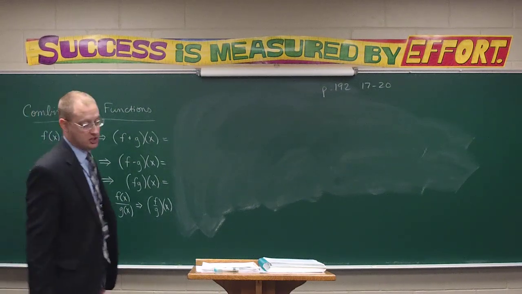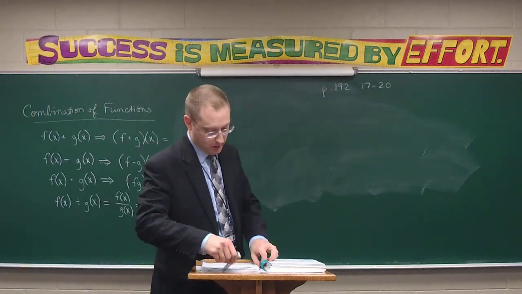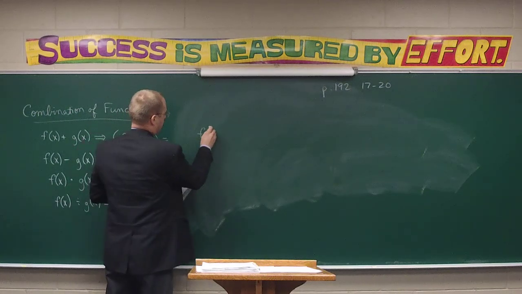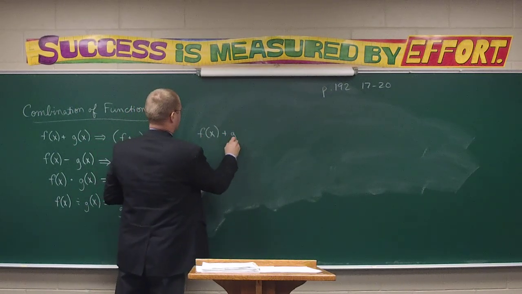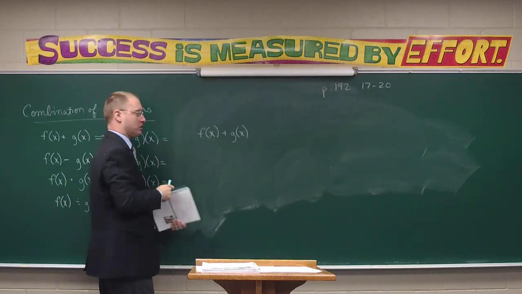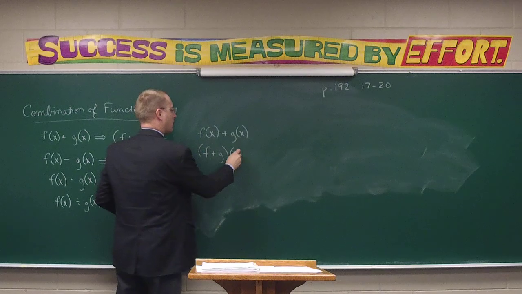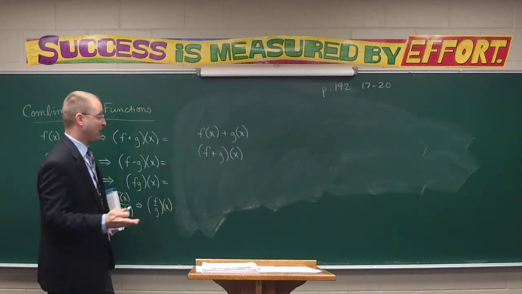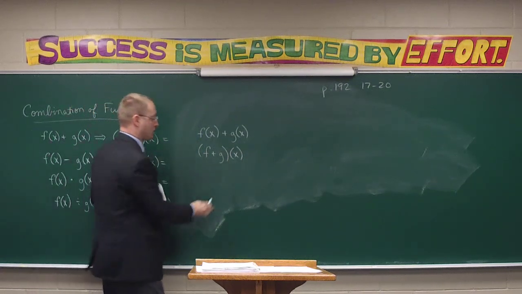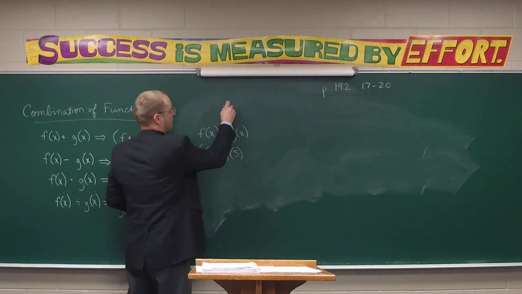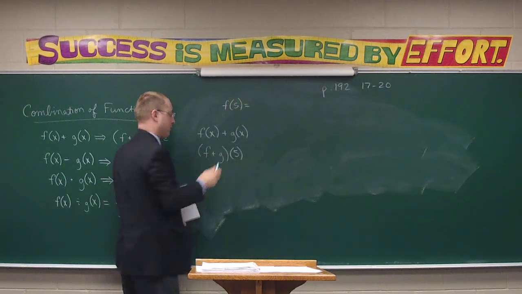Let's go and take a look at these together. Pencils down, even if you're not finished. It says to find f of x plus g of x. I'm not sure why they phrased it this way instead of simply saying find f plus g of x. But really, we're not even finding f plus g of x so much as, class, we're finding f plus g of 5. So what I would do is start by evaluating f of 5.